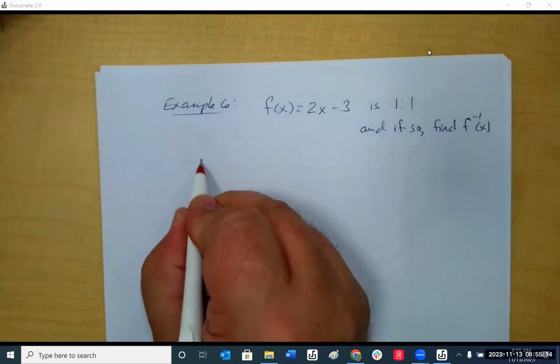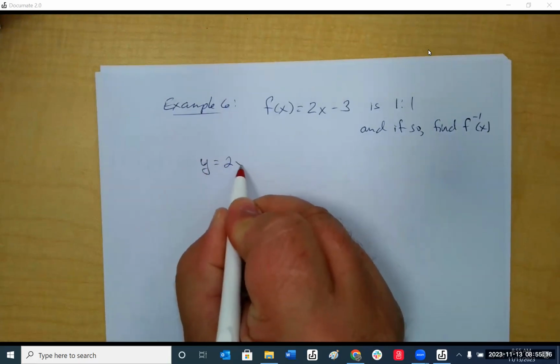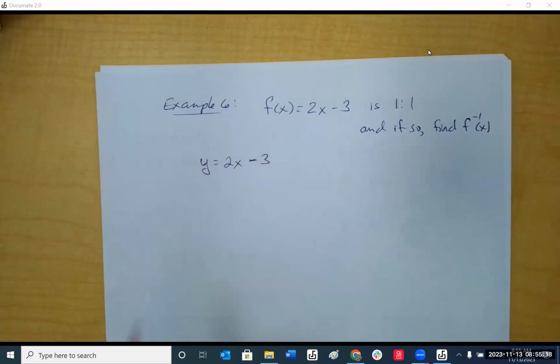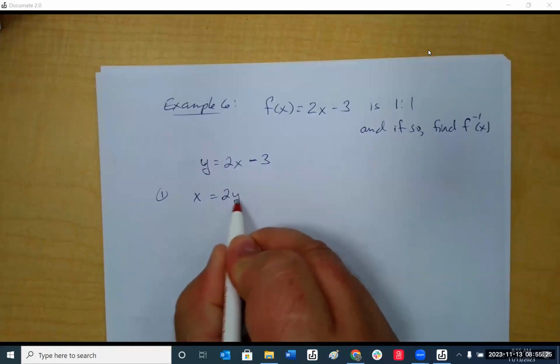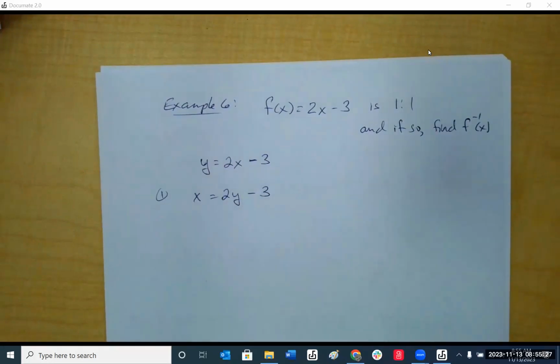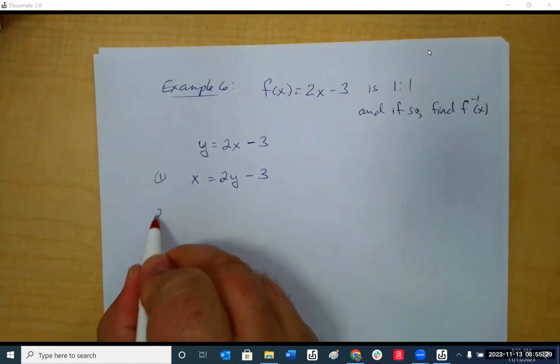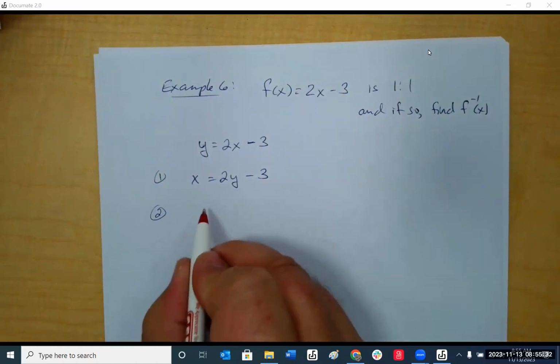So first step, switch x and y. Second step, solve for y.